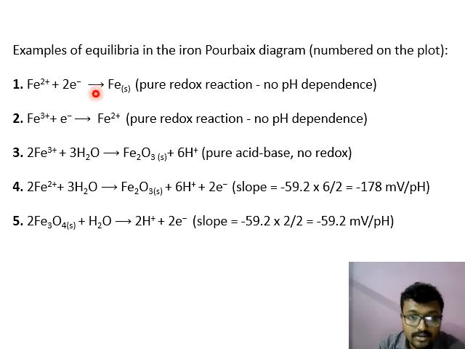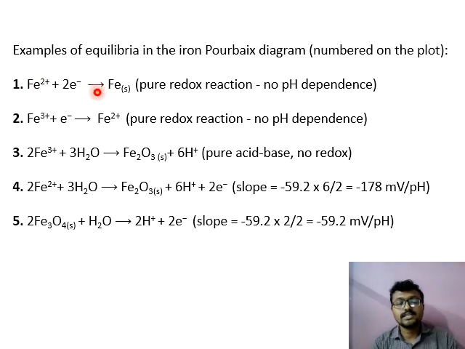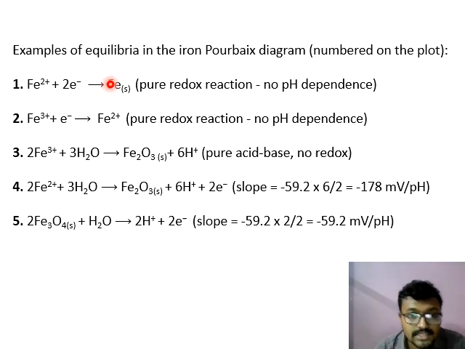First reaction, iron to iron 2 plus. Now you can see this reaction is electron dependent. Okay, potentially pure redox reaction. In this reaction no H plus ion is involved, so it is not pH dependent. Another reaction, iron 2 plus to iron 3 plus. This reaction is also a pure redox reaction because pH is not involved, H plus is not present, right?